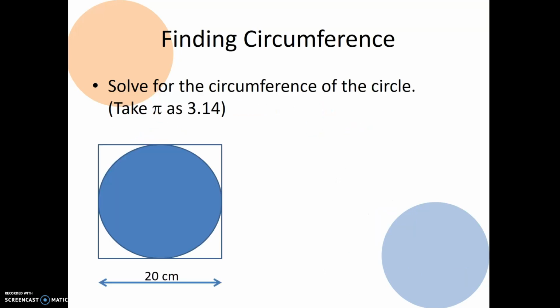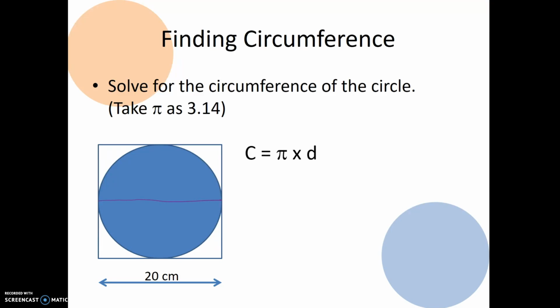Okay, now we're going to solve for the circumference of the circle when it's in a square. And this is maybe just a little bit of a step harder because now you have to look and see that the edge of the square, which is 20 centimeters, is going to be the same length as that diameter right there. So I'm going to use that as my diameter.